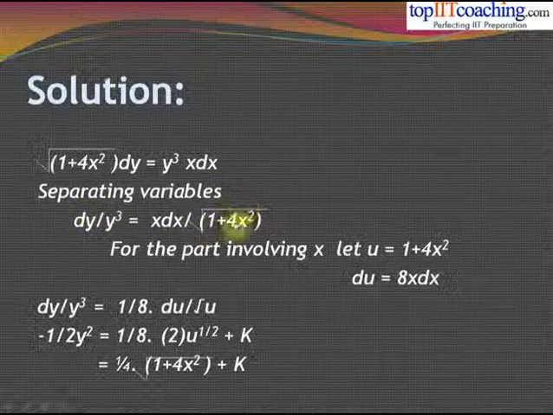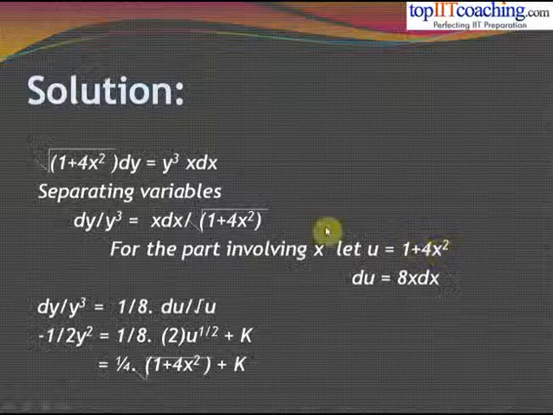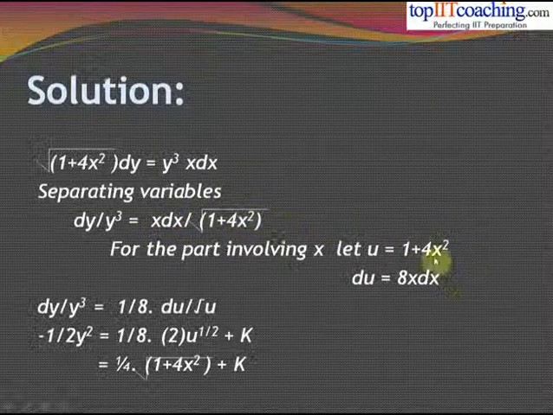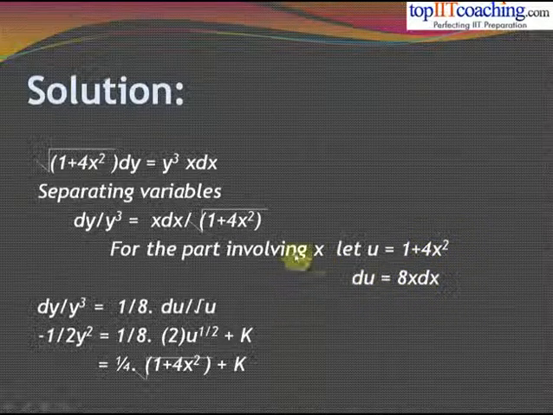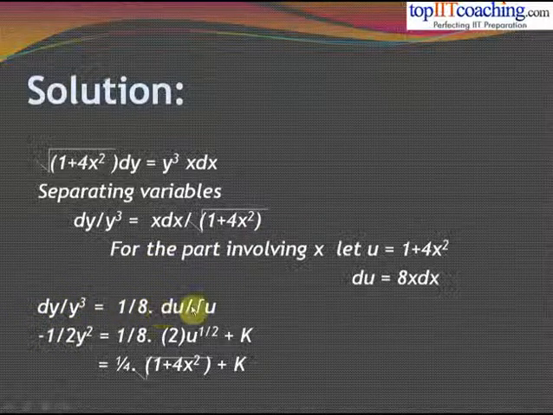For this part, let's do a substitution: let u equal to 1 plus 4x square. So we write 1 plus 4x square equal to u. So du would be equal to, we differentiate this to get 8x into dx. Now we substitute the value of x over here to get dy by y cube equal to 1 by 8 into du divided by under root of u.